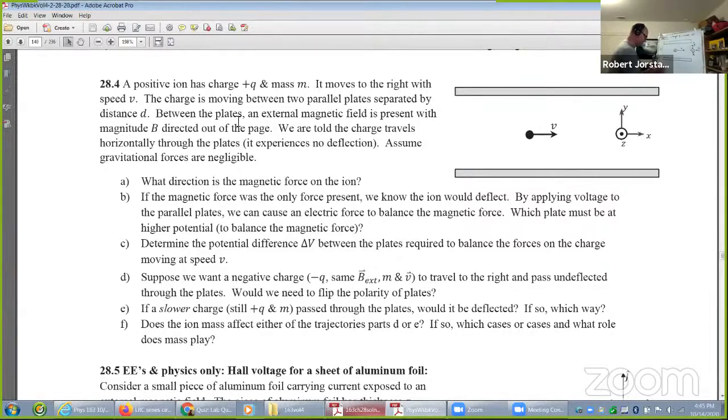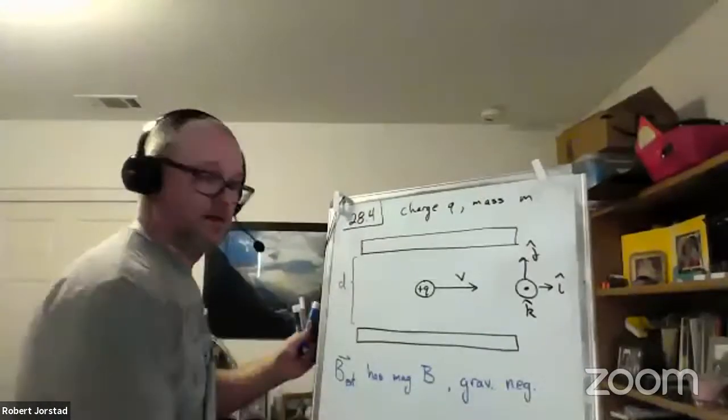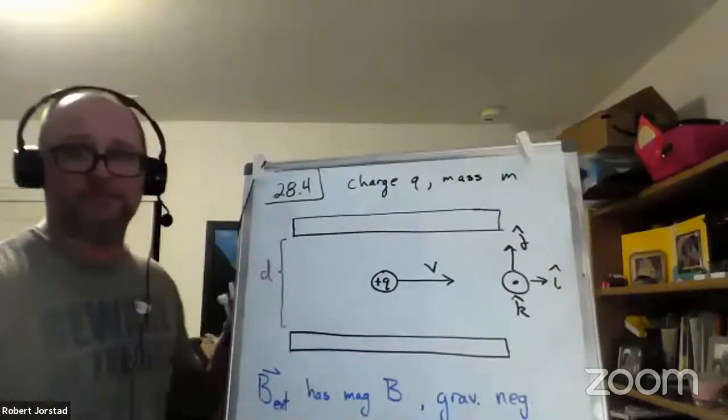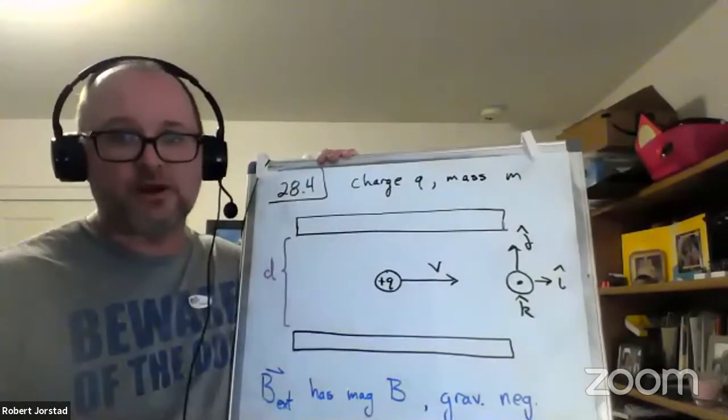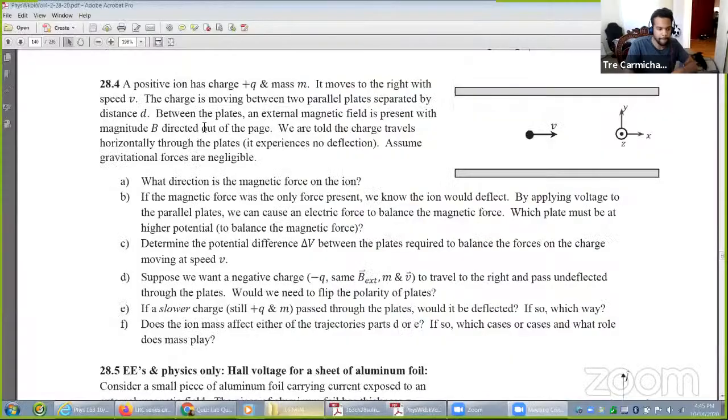Oops, that's blue. Has magnitude B. Gravity is negligible. Got it. All right. So we got this situation. Did it say which direction the B field was pointing? Out of the page. Out of the page, thanks.